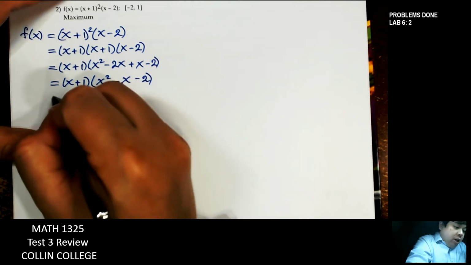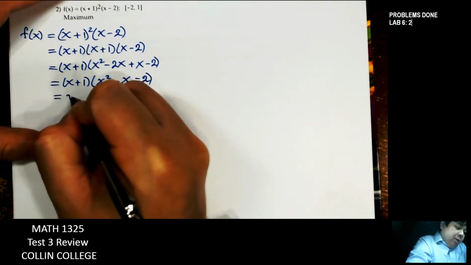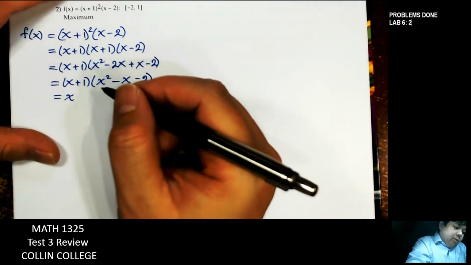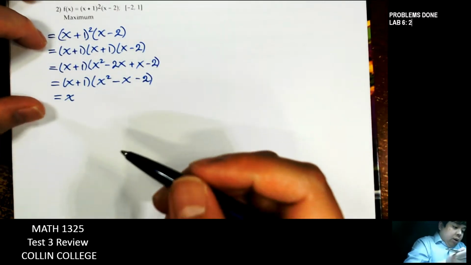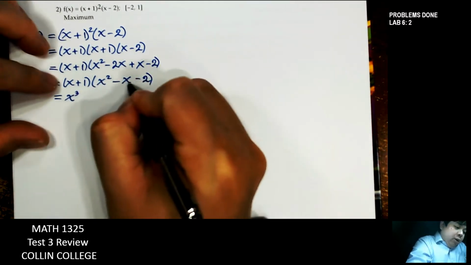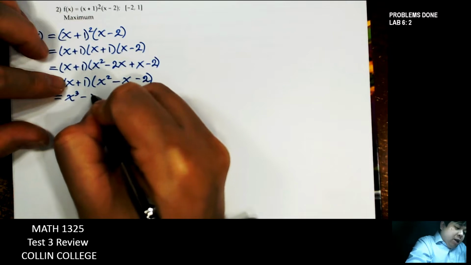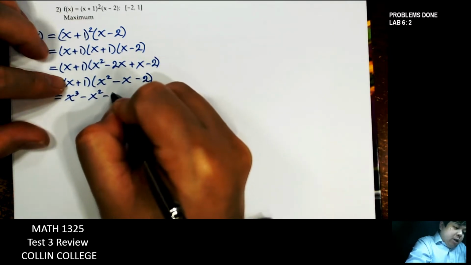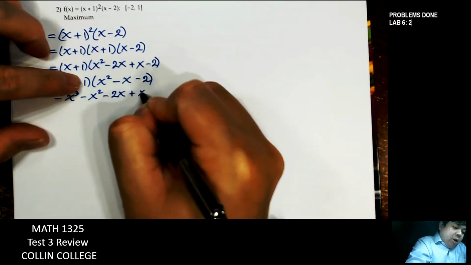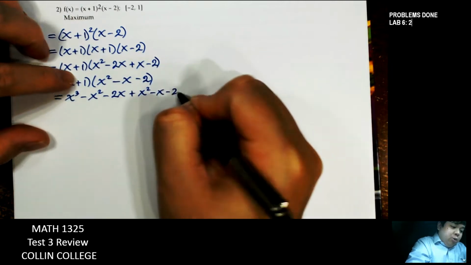Then multiply it out again. X cubed minus x squared minus 2x plus x squared minus x minus 2.